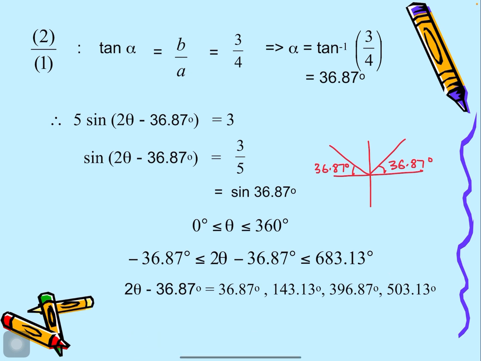And then next is to find theta. So we have 36.87, 90 degrees, 216.87 and 270.